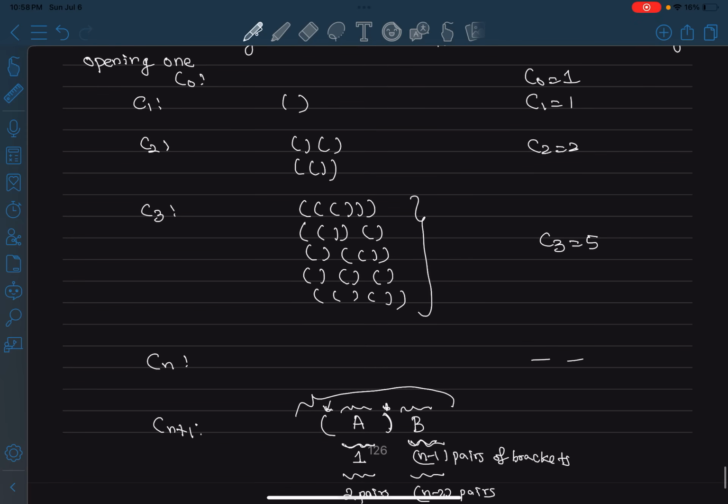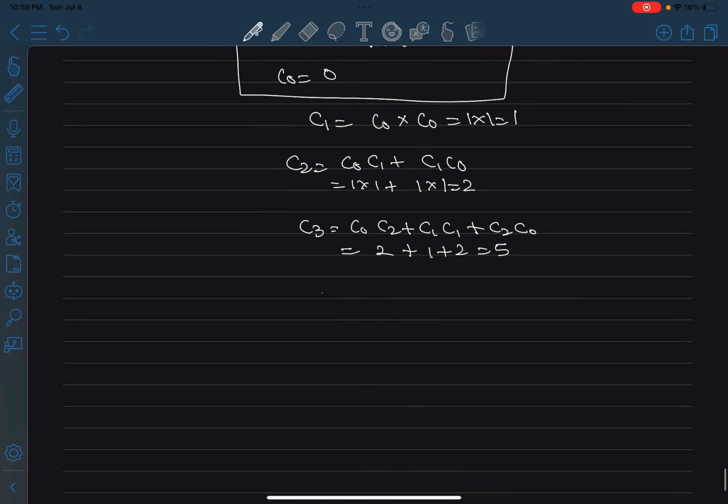Again, for C4, it will be C0 C3 plus C1 C2 plus C2 C1 plus C3 C0. Now C3 C0 is 5, C1 C2 is 2, C2 C1 is 2, and C3 C0 is 5. So 5, 7, 9, and 14. So this is how you can find all the Catalan values, right?